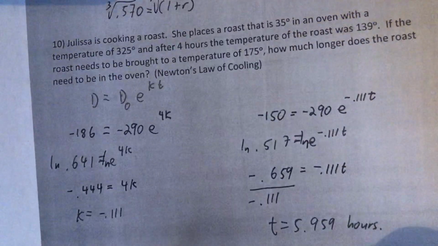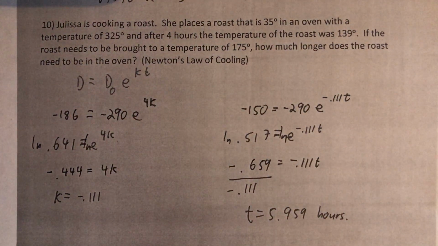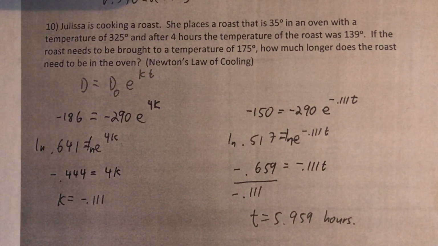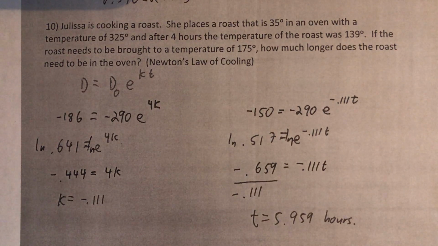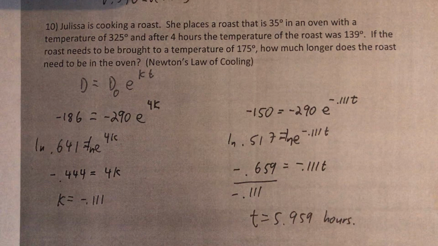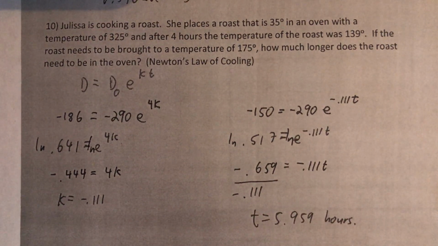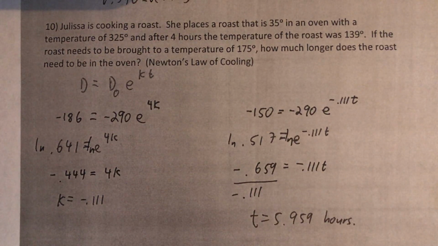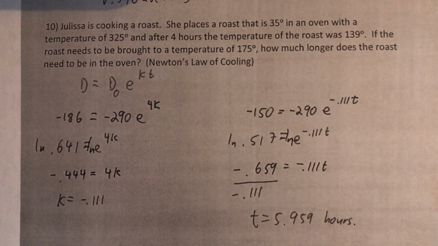All right, and the last one. This would be Newton's law of cooling. So we got a roast. Starts at 35 degrees. We're going to put it in the oven at 325. 4 hours later, it's at 139 degrees. How long is it going to take to hit 175 degrees? So the difference at time t equals the initial difference times e raised to the k times t.